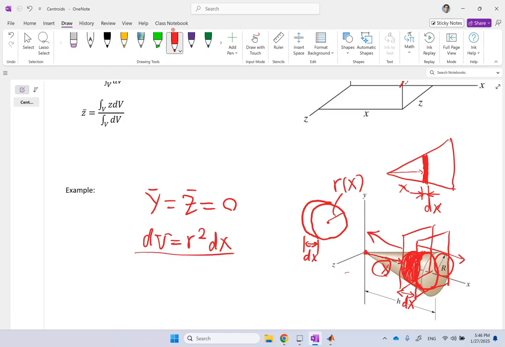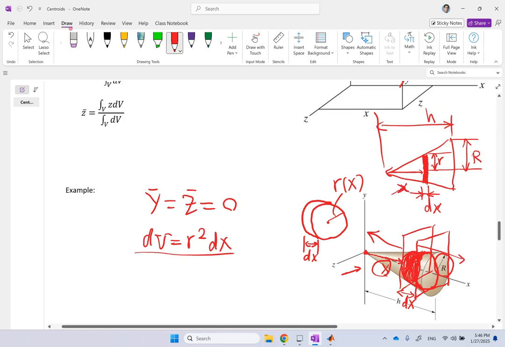So if I look at this in this side view, I'm going to see something like that, where this dimension here is r, from here to here, this is r. This dimension is capital R. This whole height is small h. And this distance from here to here is x. Yes?